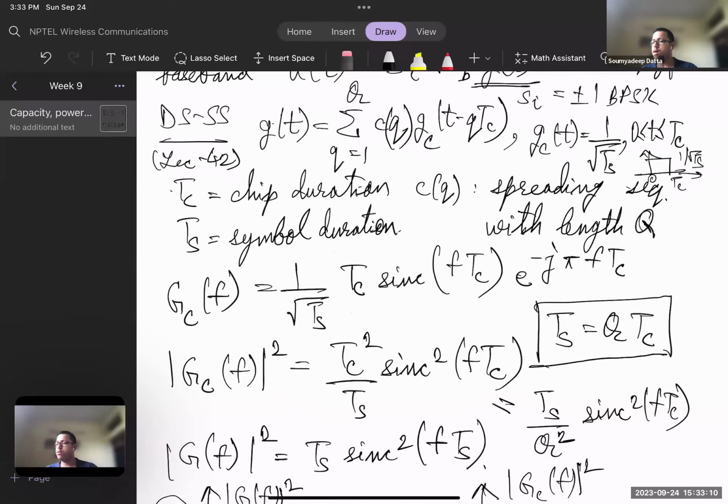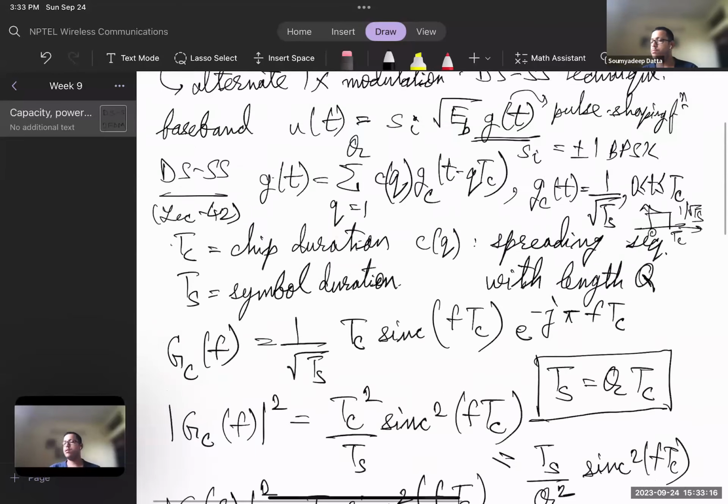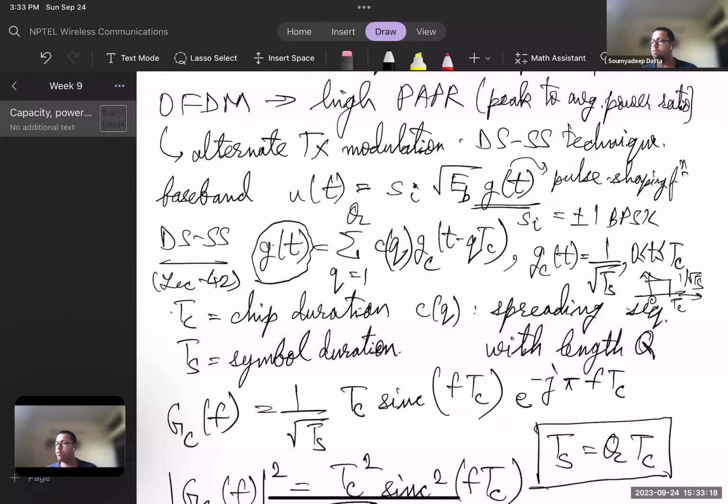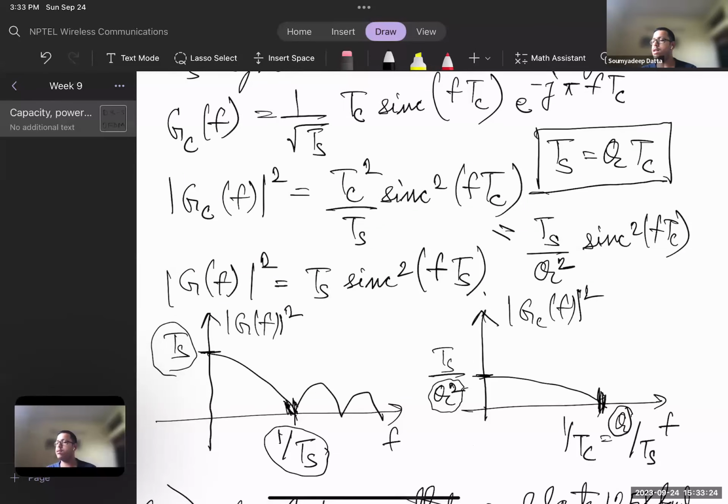So essentially, if we have our original g(t), which is this function, and you take the Fourier transform of this, you will get capital G(f), which is directly related to the symbol time. g(t) is nothing but this function, from 0 to Ts with magnitude 1 by root over Ts, something like this.